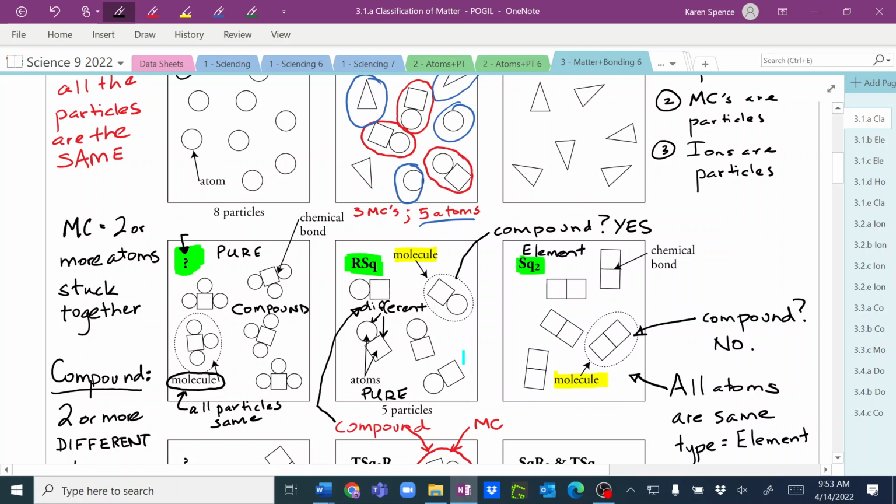So, which one, what do you think it's going to be called? Yes. R3SQ. Yes.